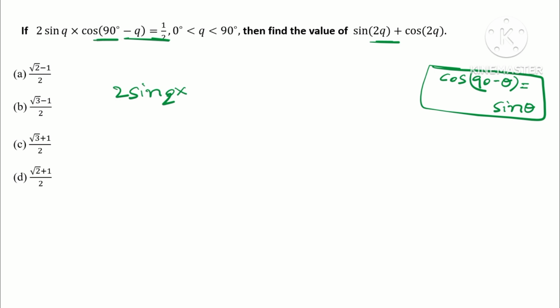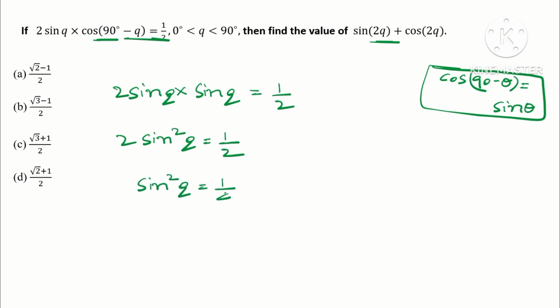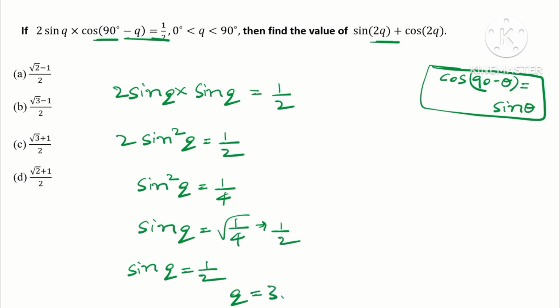So cos 90 minus q is sin q, equals 1 by 2. 2 sine square q equals 1 by 2. Sine square q equals 1 by 4. So, sine q equals root 1 by 4, which becomes 1 by 2. Sine q equals 1 by 2. Q becomes 30 degrees. Q equals 30 degrees.